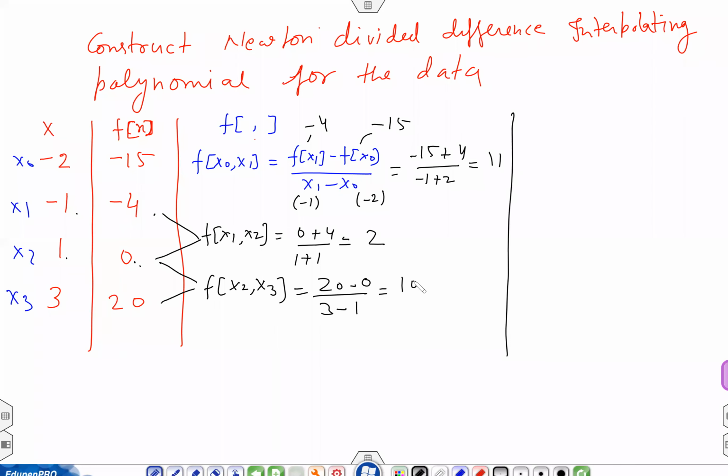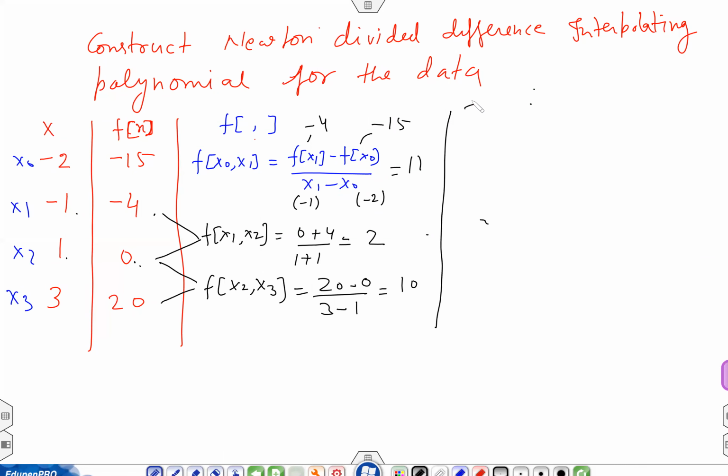It is coming out to be 10. Now I required some more space, so I'm writing the next table a little bit further. I'm writing directly this value 11.